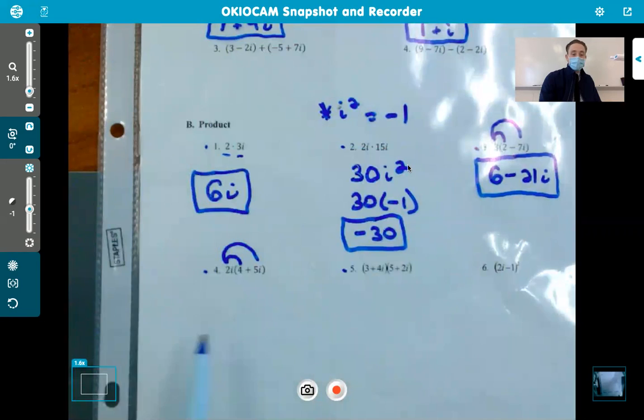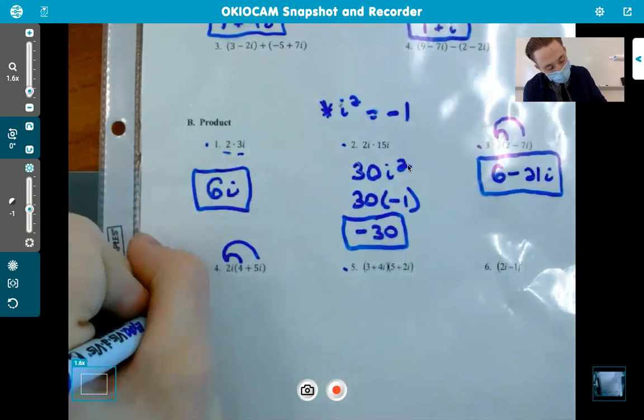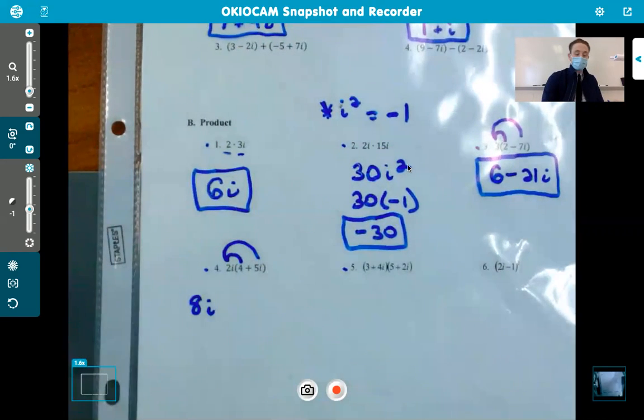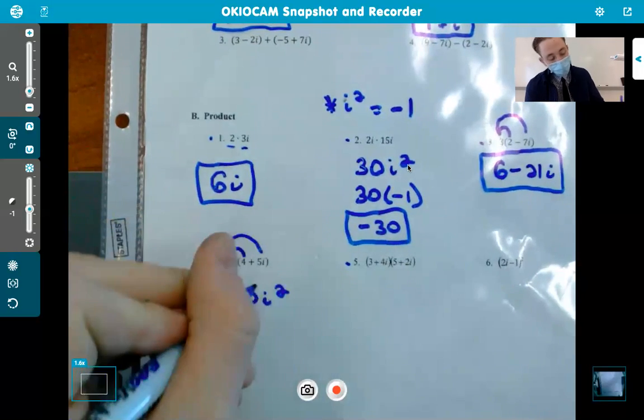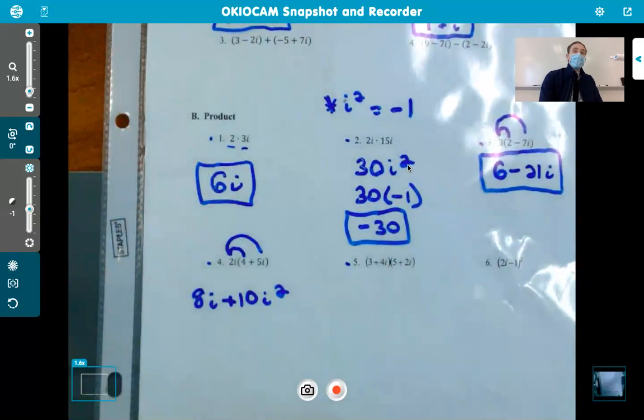What's 2i times 4 going to give me? 8i. What's 2i times 5i going to give me? Positive 10i squared. But what do I notice about that? Can I simplify that further?